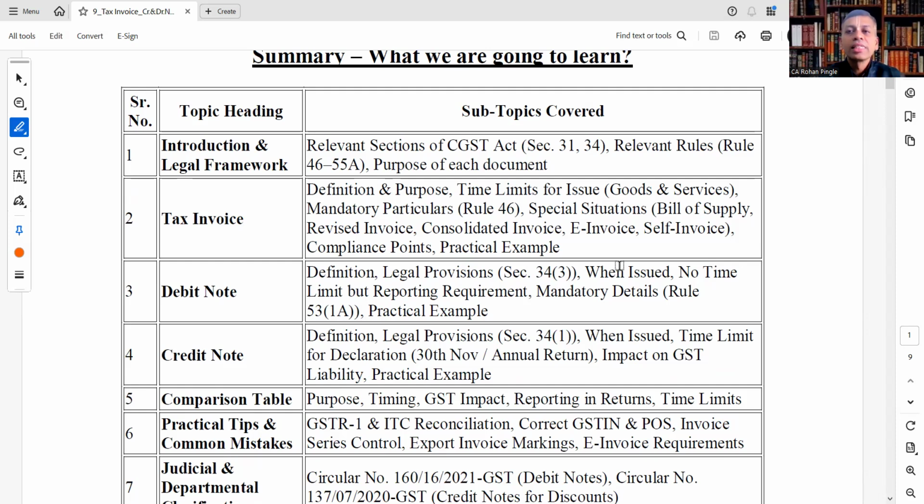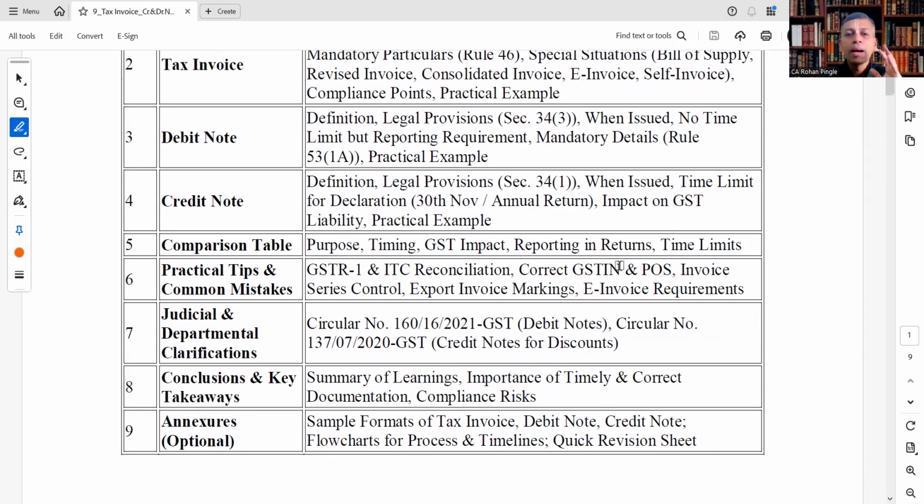And then we will also see credit note: definition, legal provisions, section 34 sub-section 1, when issued, time limit for declaration, impact on GST liability and practical example. Then we will see a comparison table, that includes purpose, timing, GST impact, reporting in returns and time limits.